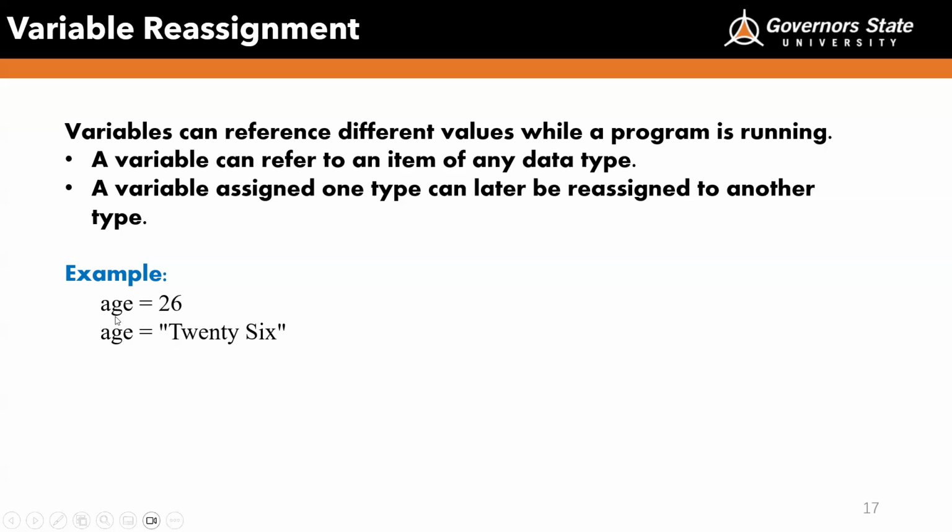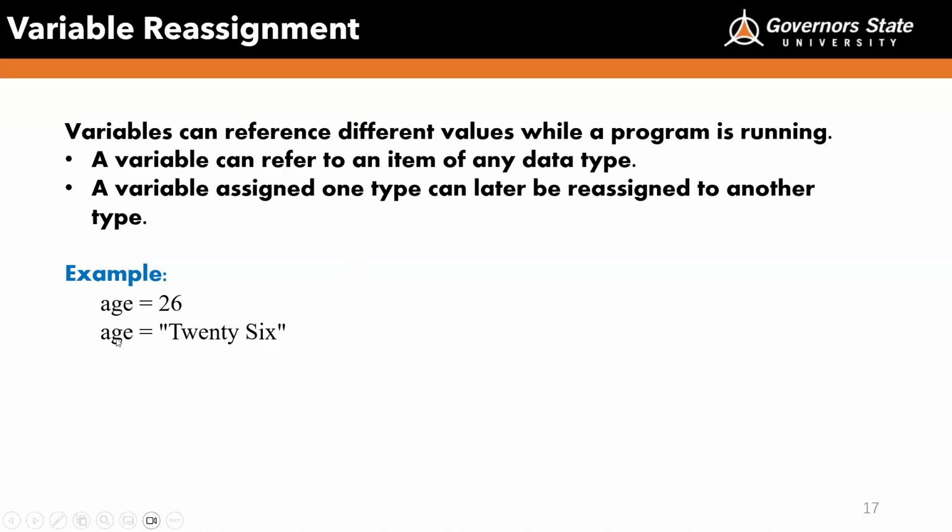But in Python, it doesn't require you to declare what the actual data type is. It will just know, because here it is an integer, so it will make sure this variable is an integer.